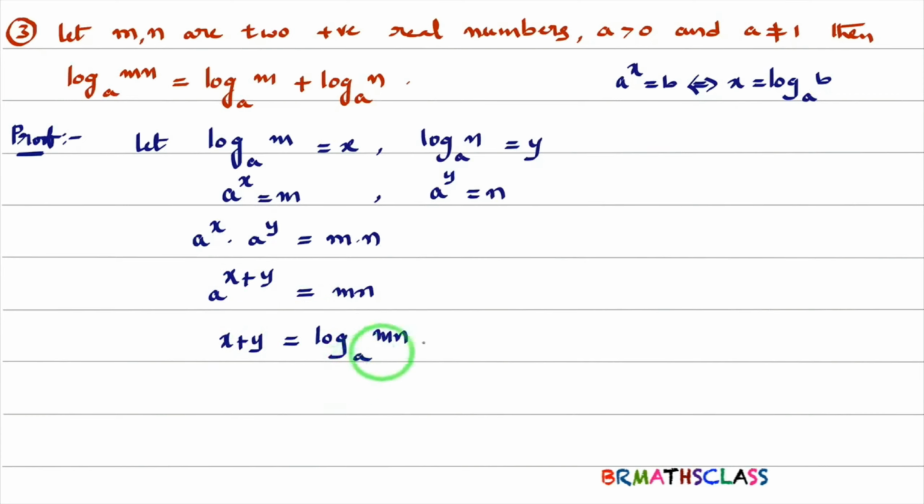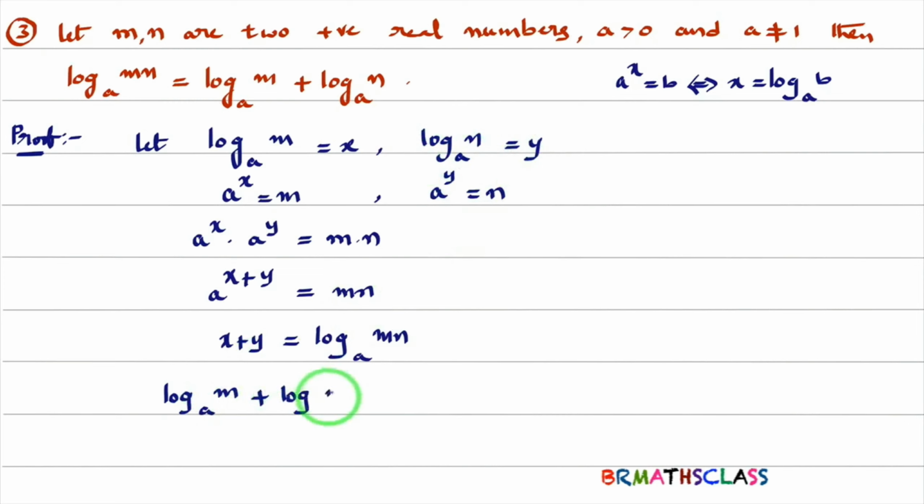I hope you are understanding. Here, what is x? I considered log m base a as x, so in place of x, I'll write that. Log m base a plus, what is y? I considered log n base a as y.